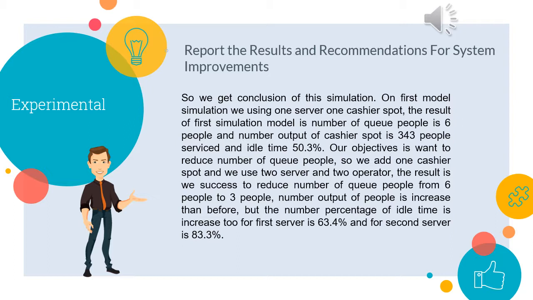And the result is we succeeded in reducing the number of queuing people from 6 people to 3 people. The number output of people is increased from before, but the percentage of idle time is increased too. For the first server it is 63% and for the second server it is 83.3%.